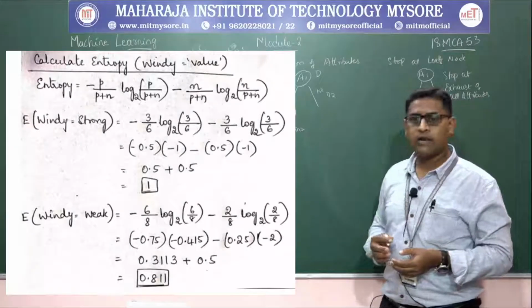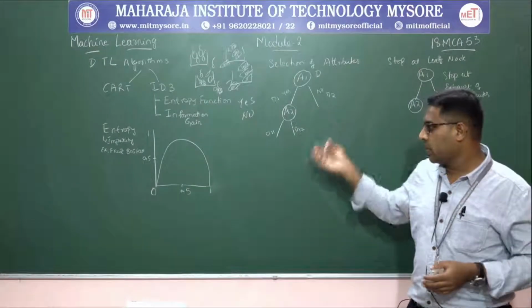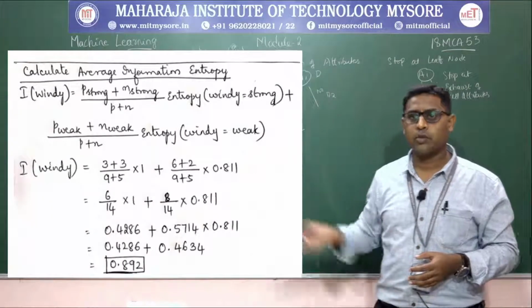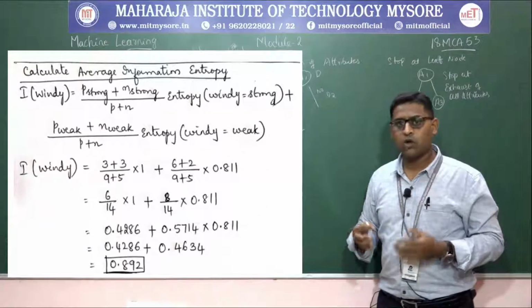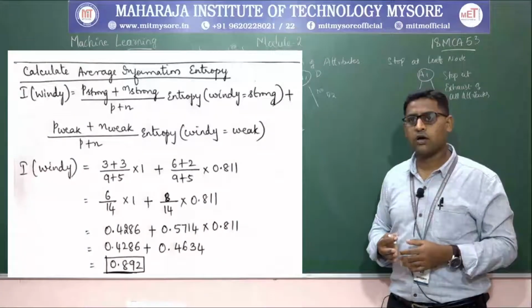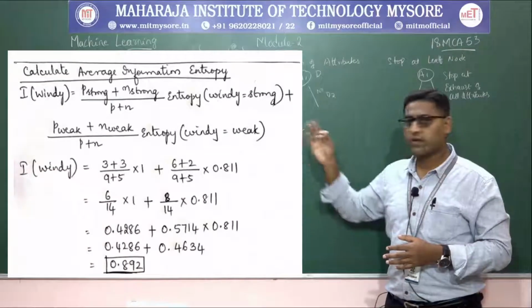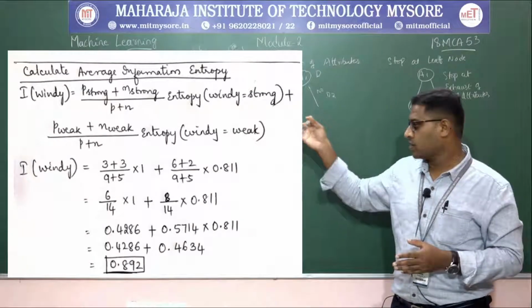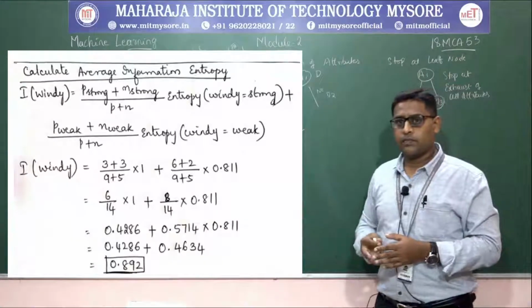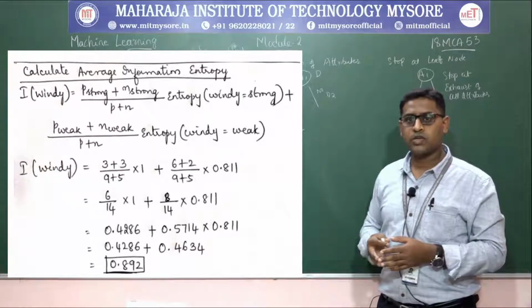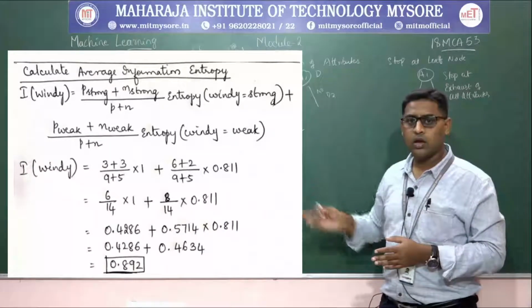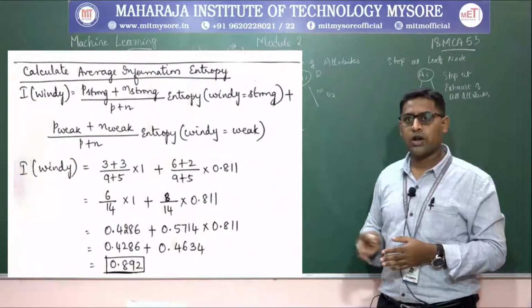Now similarly we need to calculate the average information entropy, as we calculated for outlook, temperature and humidity. Again you substitute the values in the same formula, and for strong and weak it will be 3 plus 3 and 6 plus 2 positive values. So the average information entropy for windy will be 0.892.